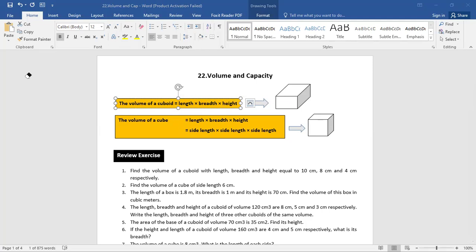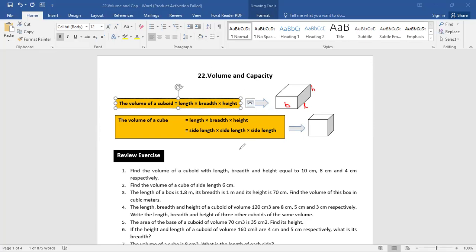If you think of this as a cuboid, when I make a cuboid diagram, this is the length, this is the breadth, and this is the height. Don't worry, I will come back to the board. I'm just explaining it from the screen.